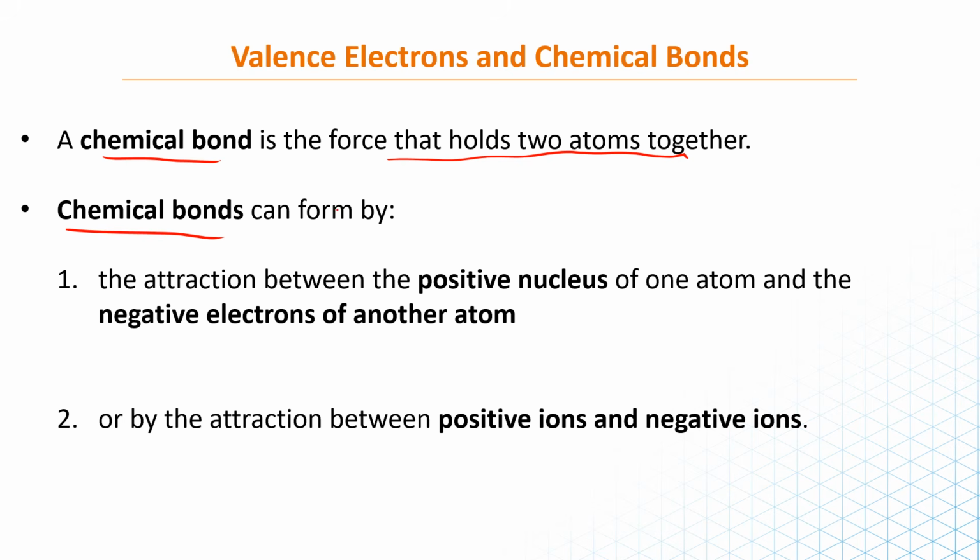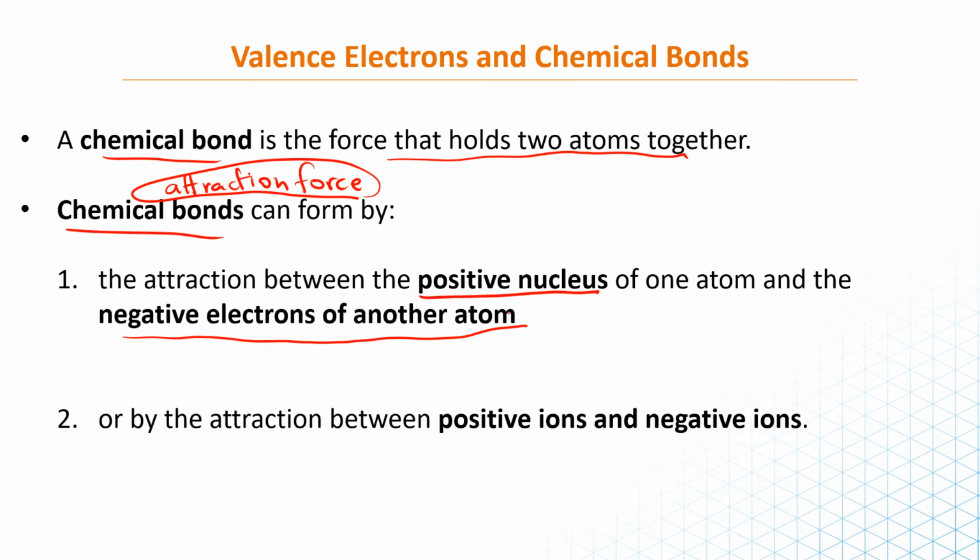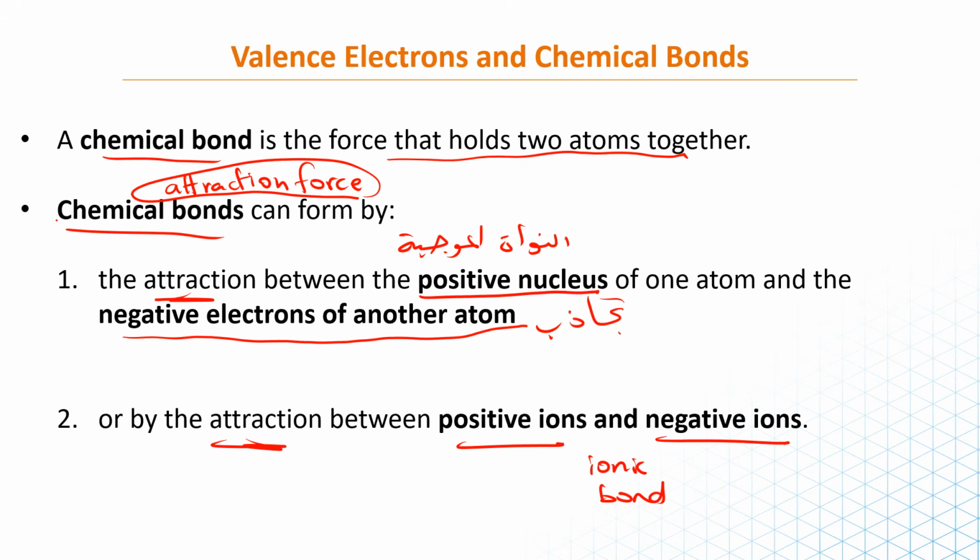And how do chemical bonds form? Chemical bonds are formed by the attraction, يعني attraction force, يعني في تجاذب. التجاذب هذا يكون ما بين the positive nucleus and the negative electrons of another atom, يعني النواة الموجبة وإلكترونات ذرات أخرى، المهم تجاذب, or between positive ions and negative ions, and this is the ionic bond. أهم شيء في attraction. هذه طرق تكون الرابطة الكيميائية, the ways that a chemical bond is formed between atoms.